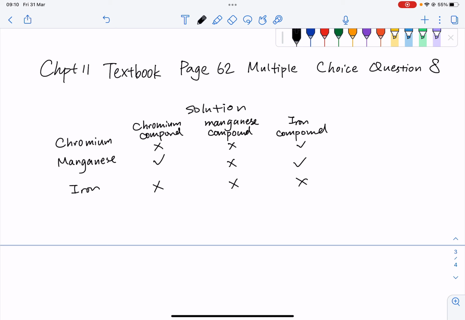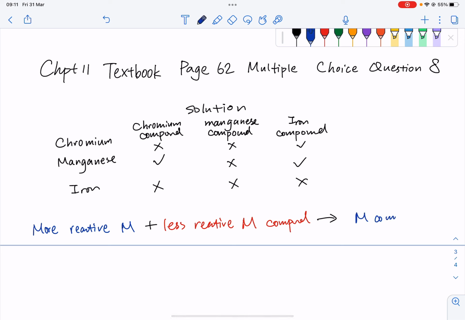So remember for displacement reaction, I'll write here. For more reactive metals, that is adding less reactive metal compound, then it will form a more reactive metal compound, plus the least reactive metal here, right?